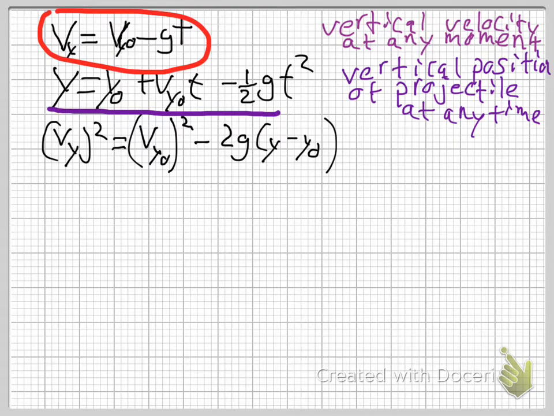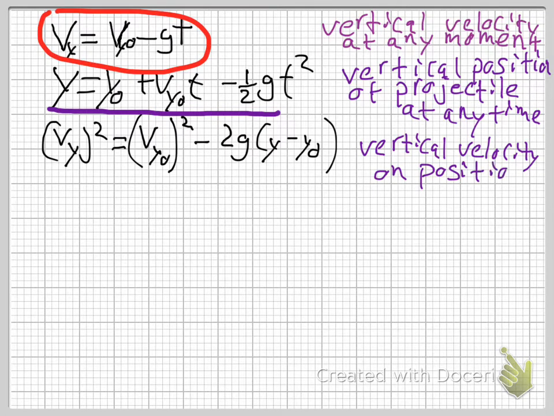Okay, this last one is going to be used most commonly in the beginning to determine things such as the maximum height. So with this, it's essentially vertical velocity dependent on position.